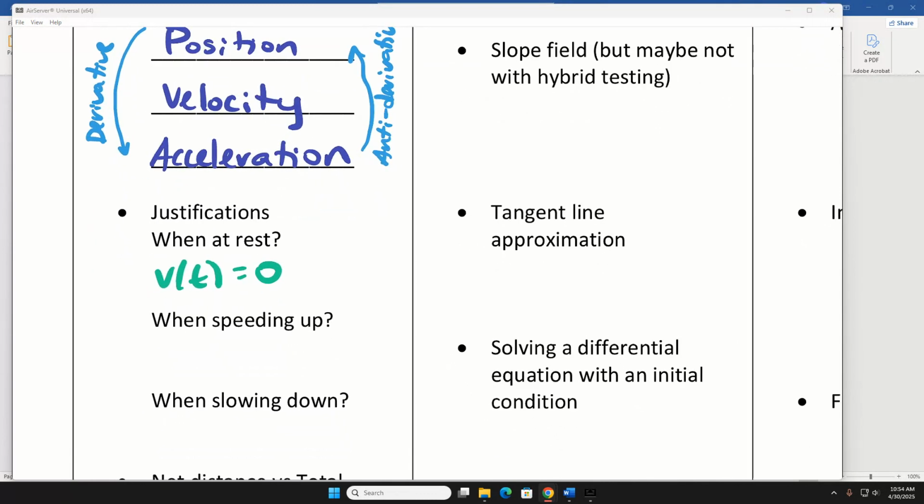What about speeding up, or the speed is increasing? I'll give you a hint. You have to use velocity and acceleration. They have the same sign.